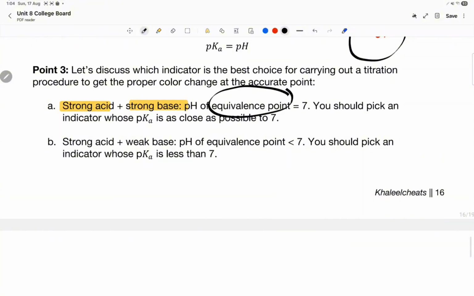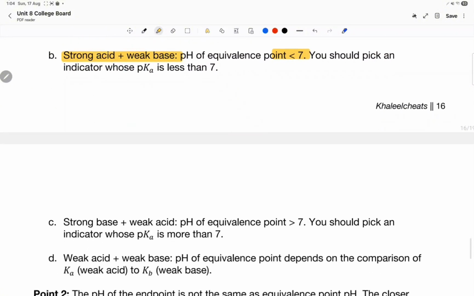If you're dealing with a strong acid and a weak base, which one is going to win? The strong acid. That means the pH of the equivalence point will be less than 7, maybe 6, maybe 5, for example. If you're dealing with a strong base and a weak acid, the strong base is going to win, with the pH at the equivalence point more than 7. But if you're dealing with a weak acid and a weak base, we don't know which one is going to win without looking at the information of the Ka and the Kb.